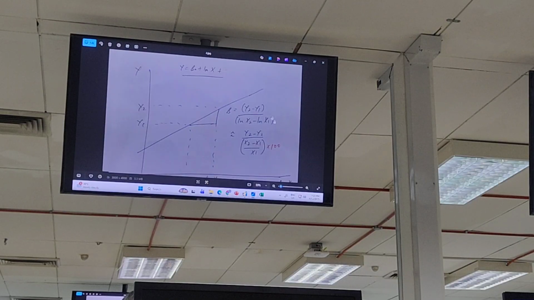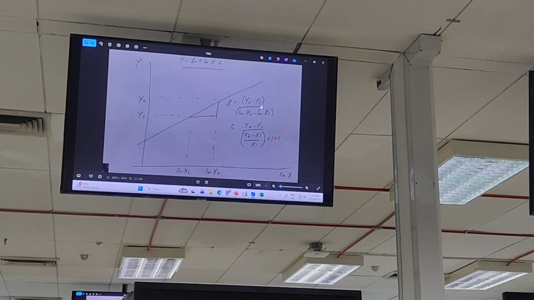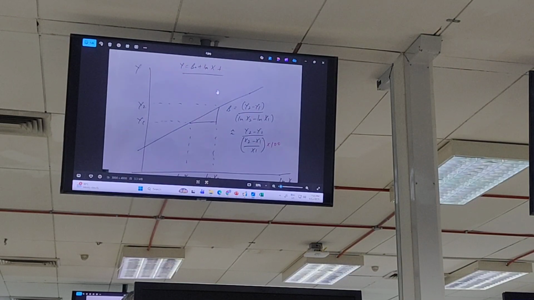How to interpret? You can interpret it as for the linear model: how many unit changes in y per relative change in x. Because the numerator is the absolute change in y, and your denominator is the relative change.